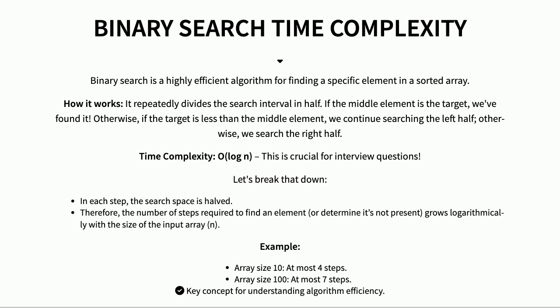That means that as your data gets bigger, the number of steps it takes to find something grows much slower than just linearly. It's like cutting a cake. You don't have to try every slice individually, you keep eliminating parts until you reach what you're looking for. Understanding this logarithmic complexity is really important when discussing algorithm efficiency in interviews.